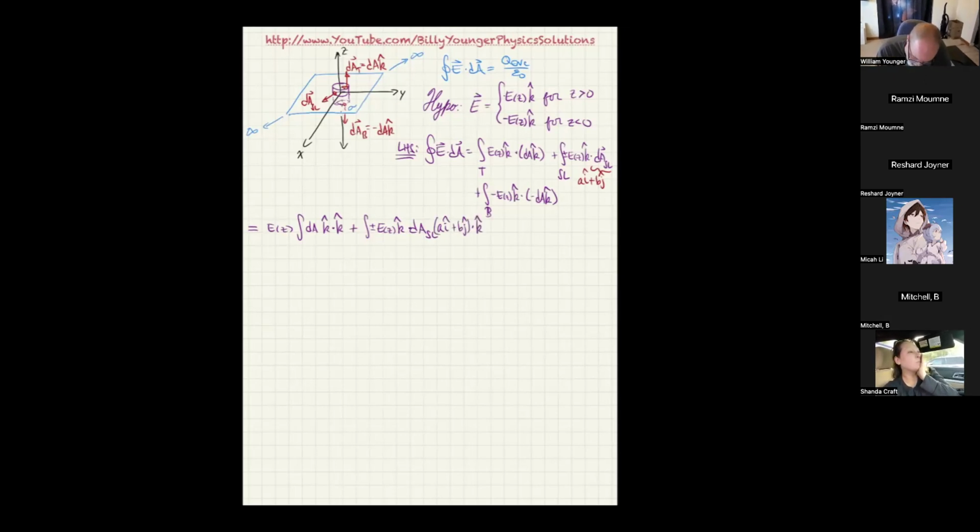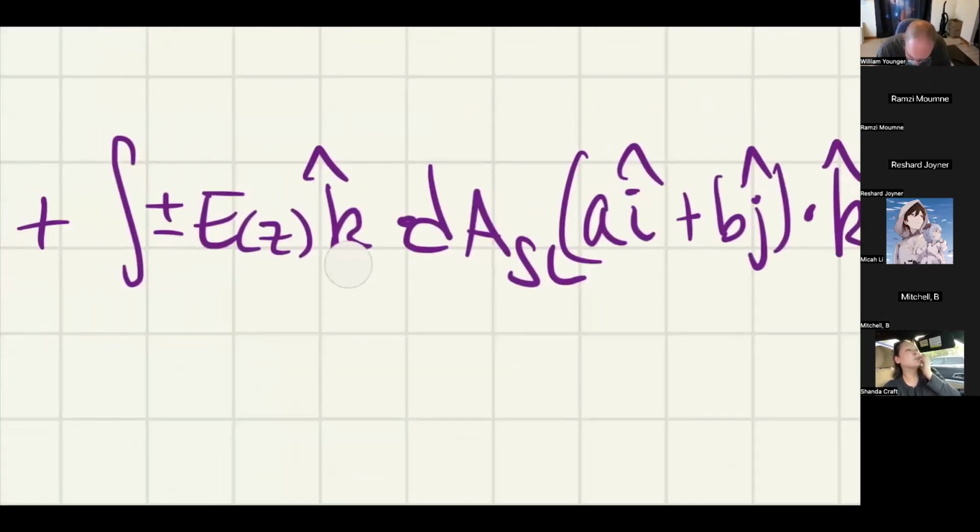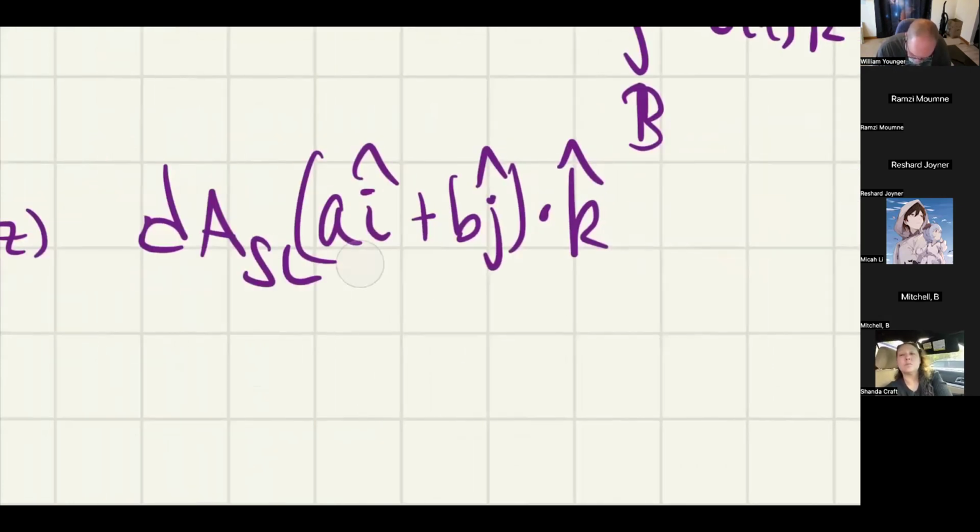Let me go ahead and fix that just to make it a little more certain. So what I'm going to do is erase this K hat and just act like we're going ahead and taking the vector part now.